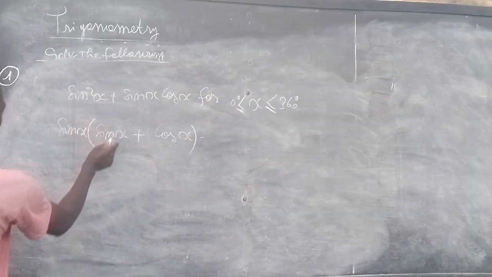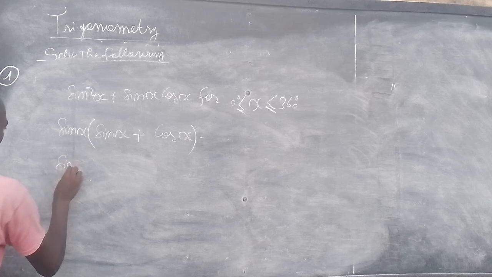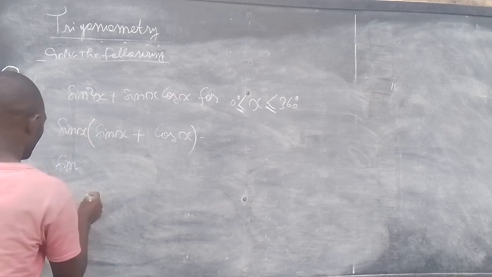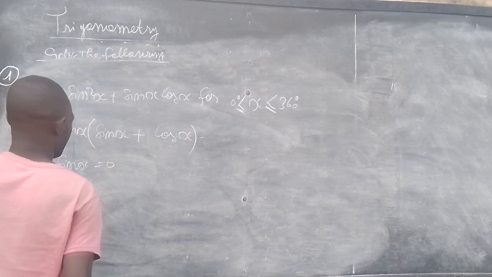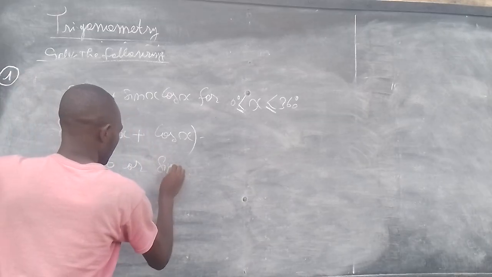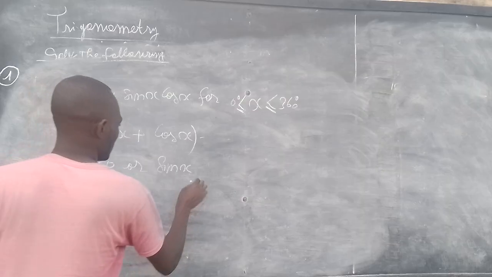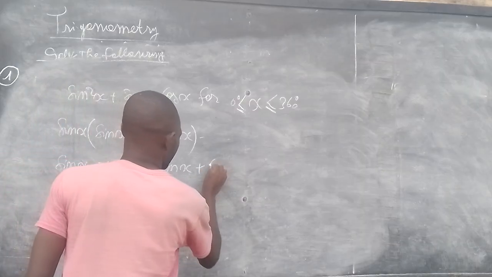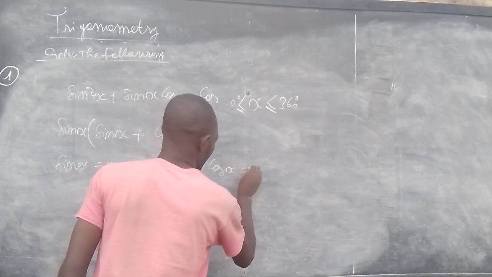So sine x equal to 0, or sine x positive cosine x is equal to 0.